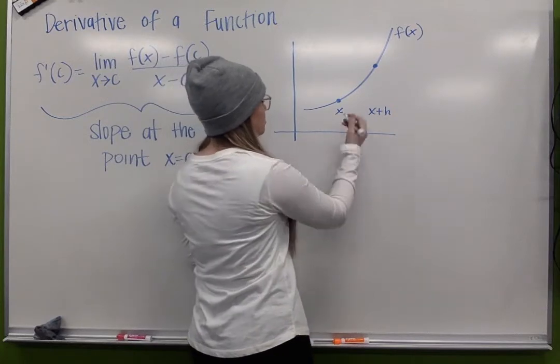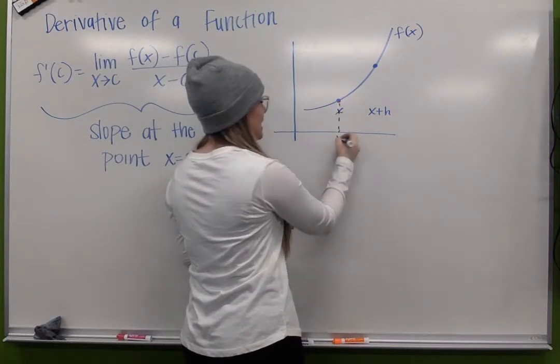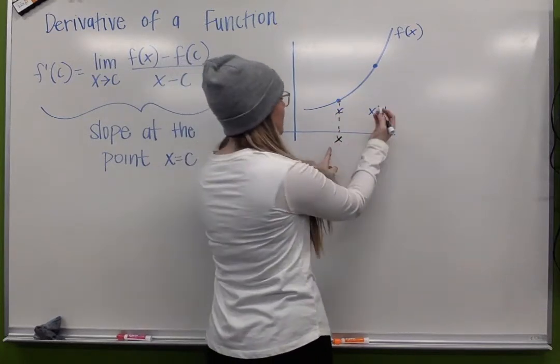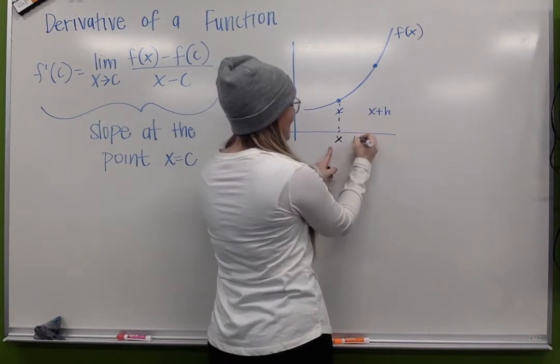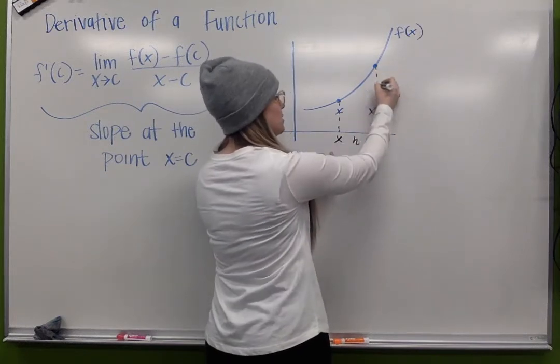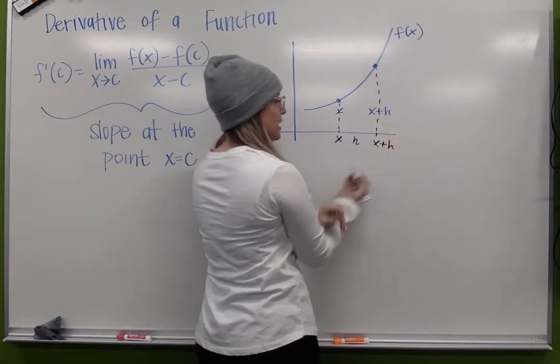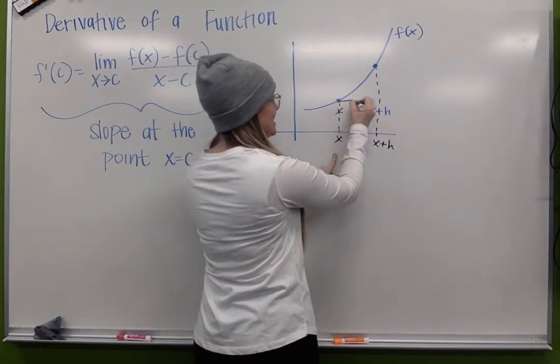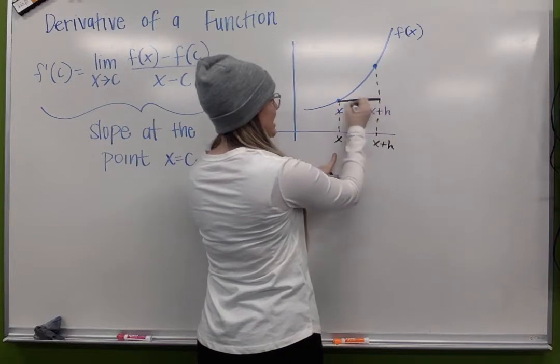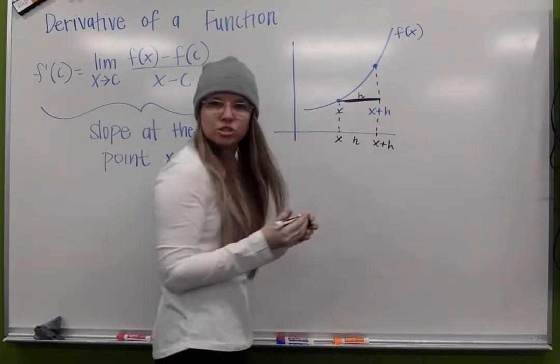If this value right here is x, and then I pick a point that is h away from x, this is the x value, x plus h. Again, this distance between them, my change in x, is h.